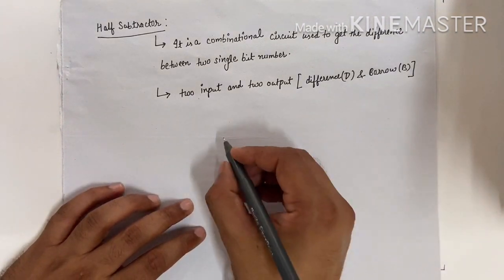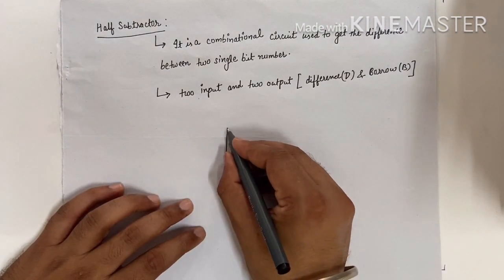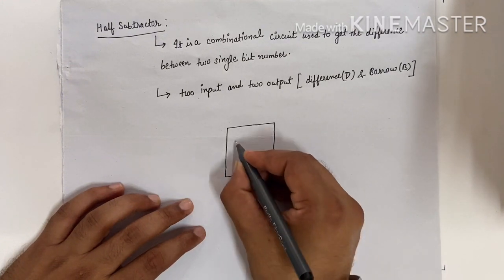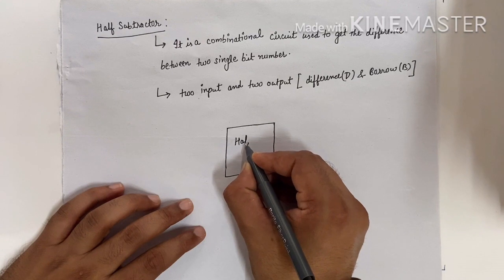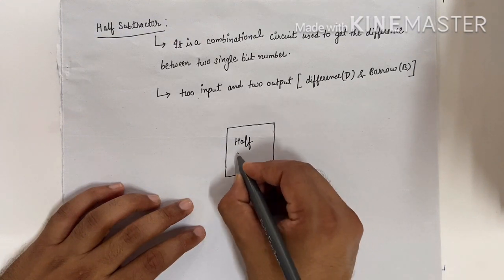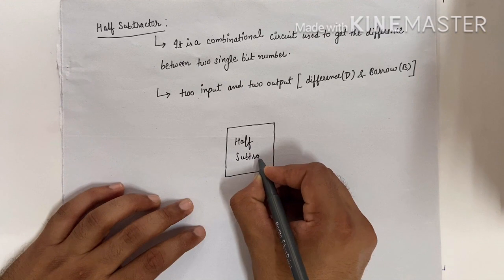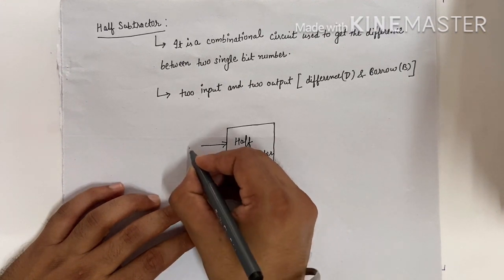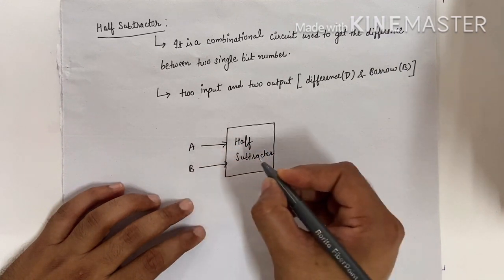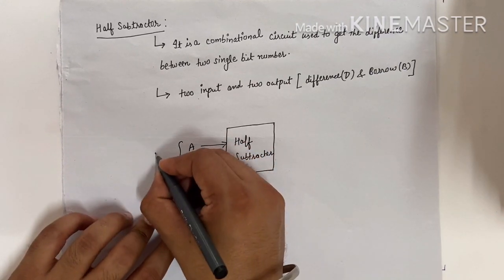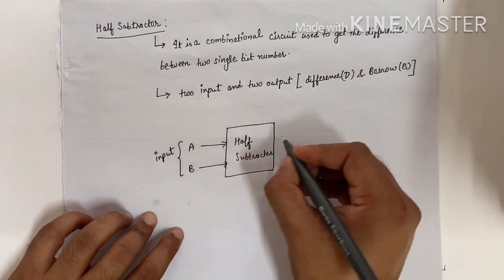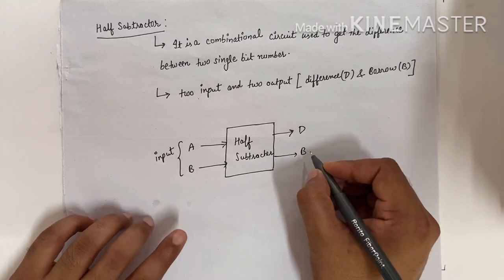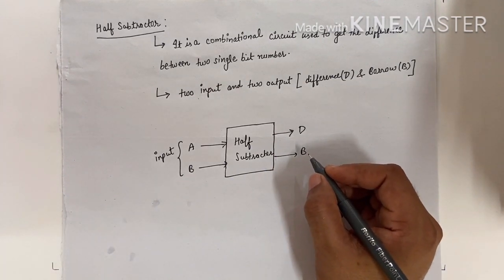Okay, so now we can see the block diagram of half subtractor. In the half subtractor, suppose we are considering two input, that is A and B, and two output, that is difference D and borrow B. This is the block diagram of half subtractor.